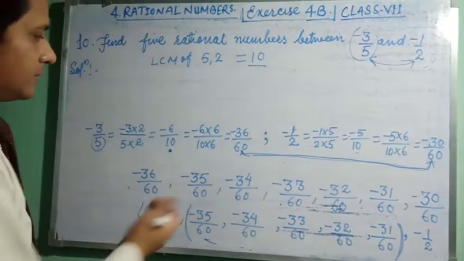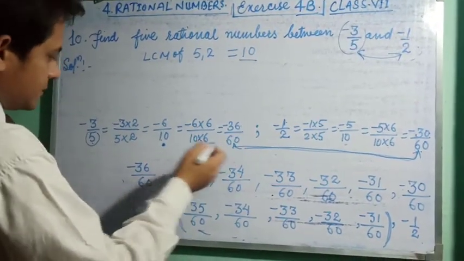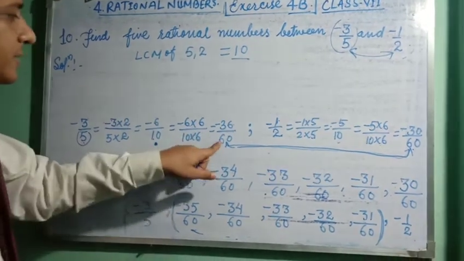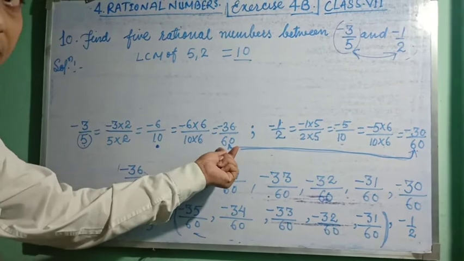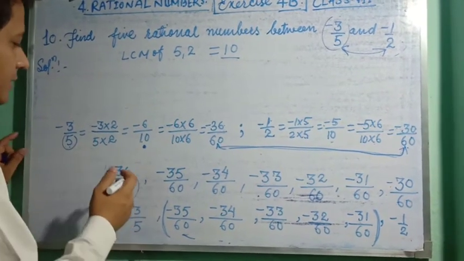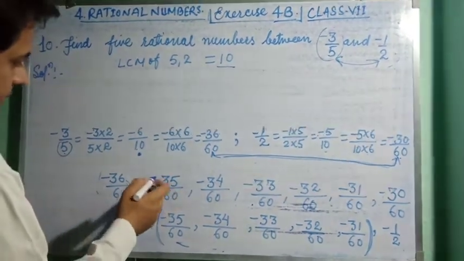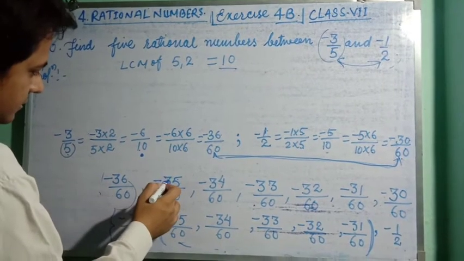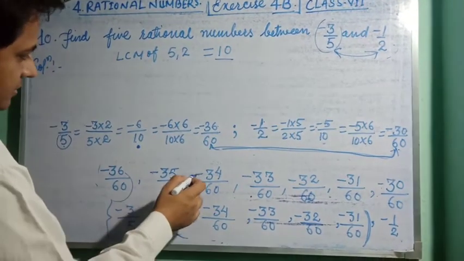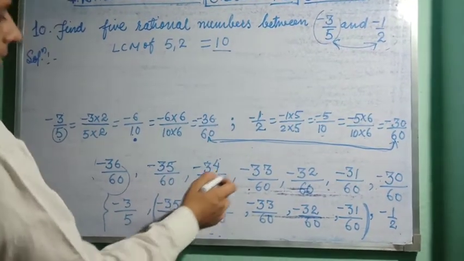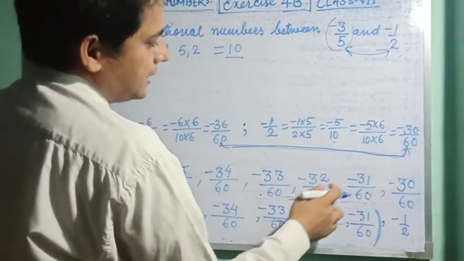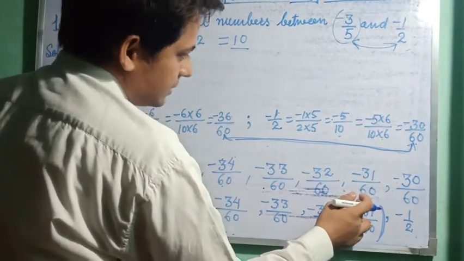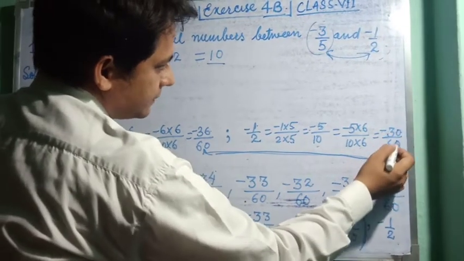Now we can easily find the numbers in between them. Now see, -36/60 is written here because -36/60 is equal to -3/5, the equivalent rational number. Now if we increase from -36/60, we get -35/60, -34/60, -33/60, -32/60, -31/60, and the last is -30/60.